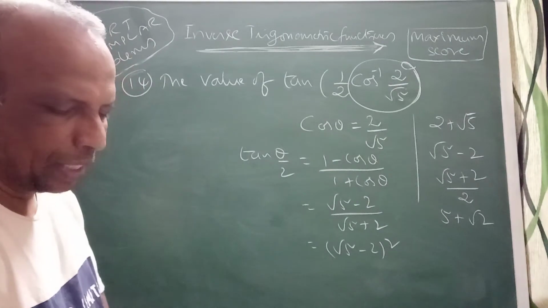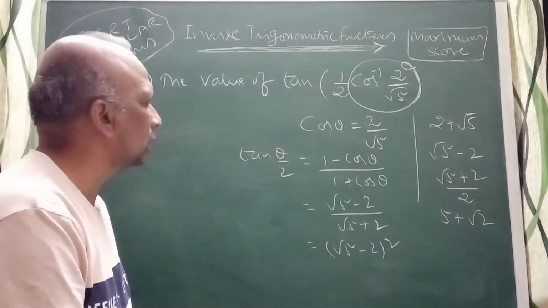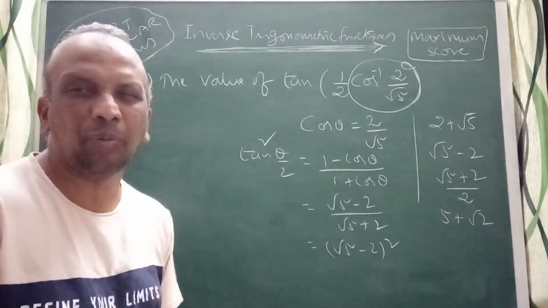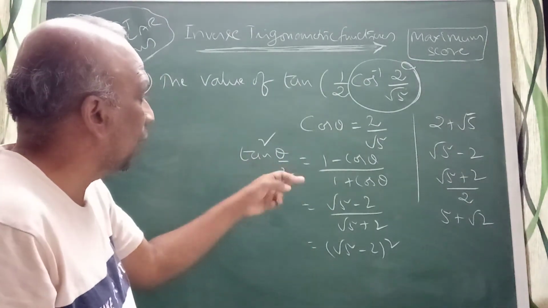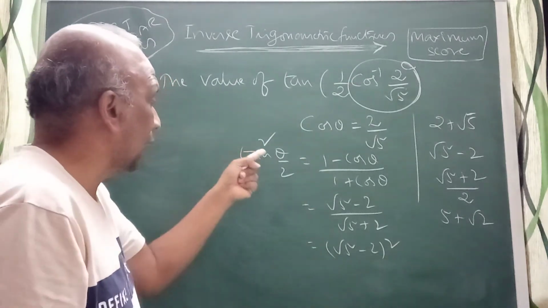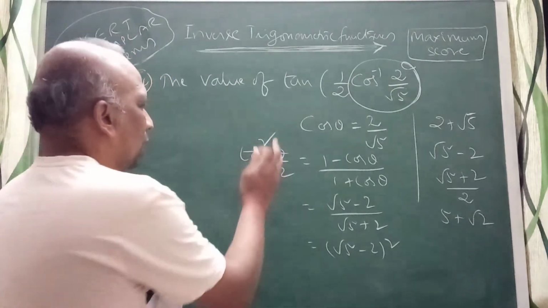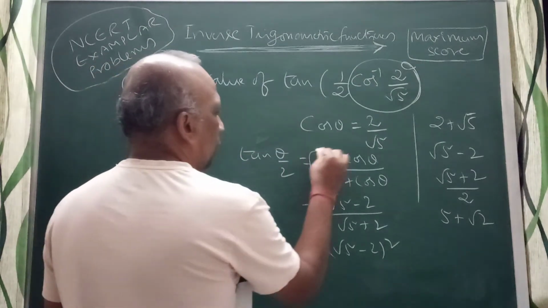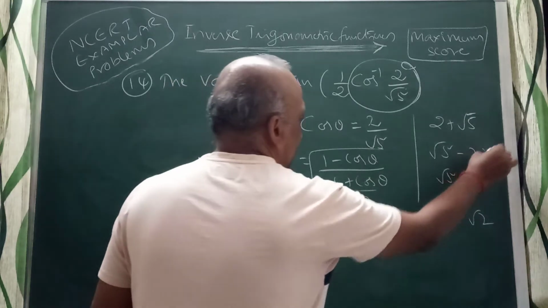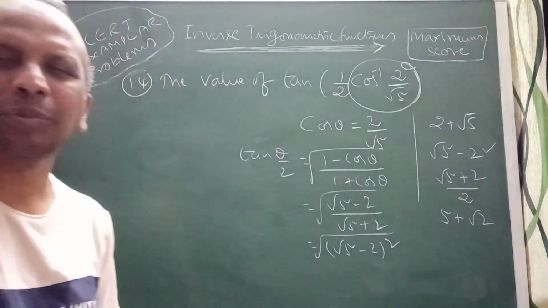This value will be tan square theta by 2, remember. This is a formula. They are asking tan theta by 2. I have taken the formula for tan square theta by 2. Otherwise, tan theta by 2 is the root of this. Your answer is root 5 minus 2. That will be your answer, right?